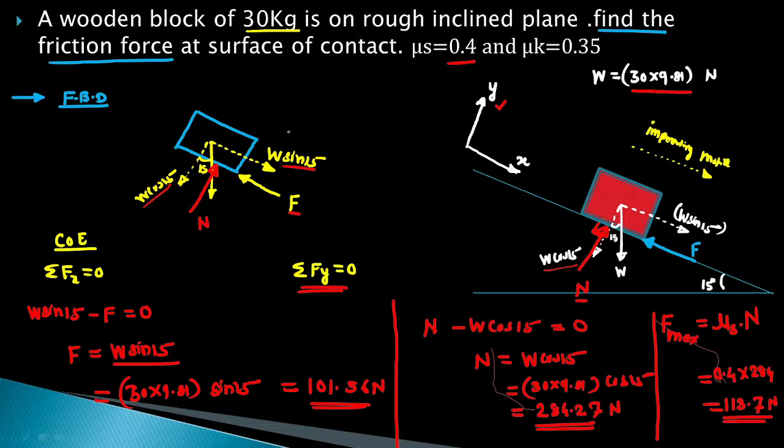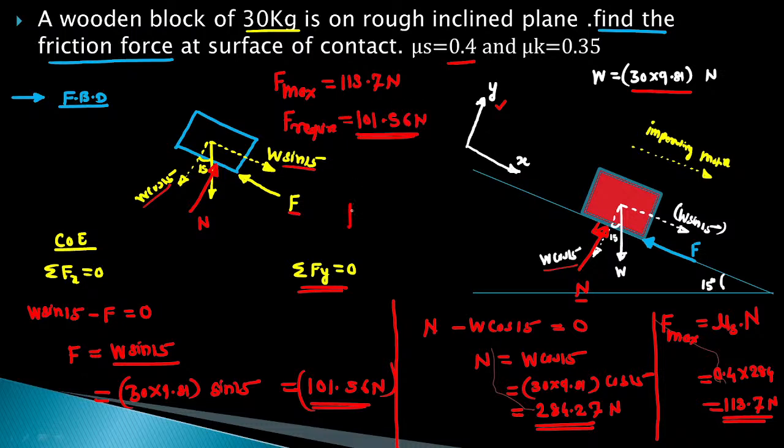The maximum capacity of the surface to offer frictional force is F max, equal to 113.7 Newton. The required frictional force to keep this block in the given static condition, F required, is equal to 101.56.